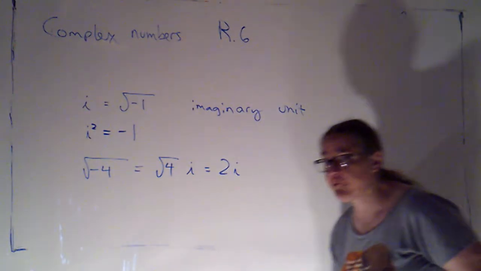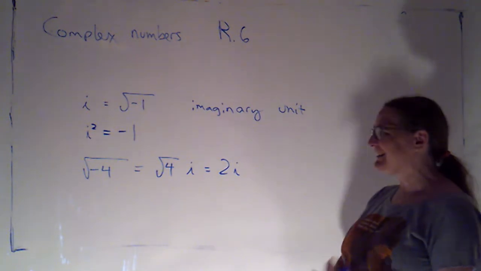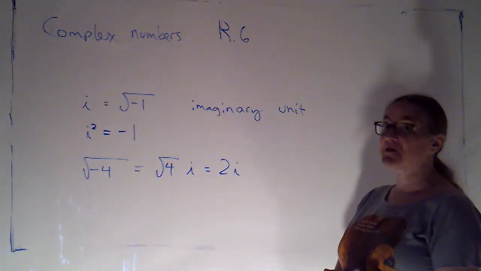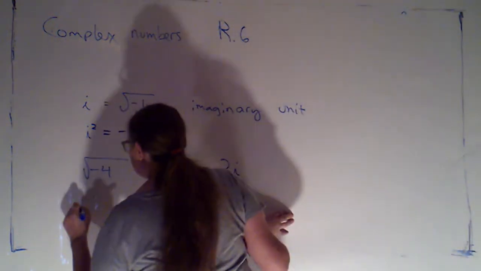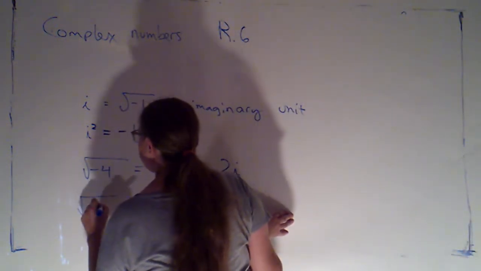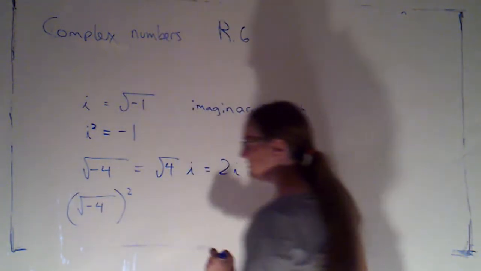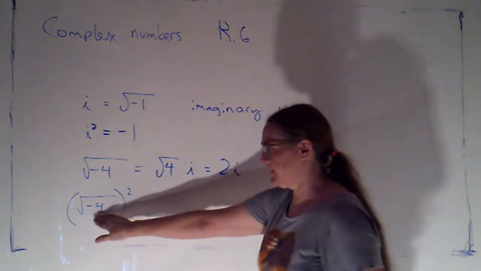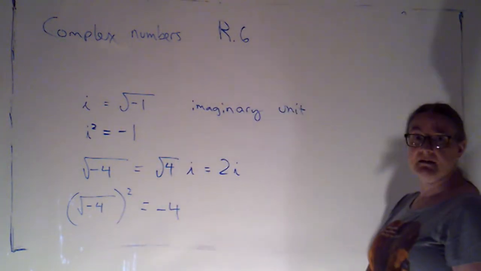The reason for that is I'm really used to a property of roots in the real numbers that's not true in the complex numbers. Now if I look at the square root of -4 and I want to square that, well, if I square a square root, I should get the number under the radical. So this is going to be -4.